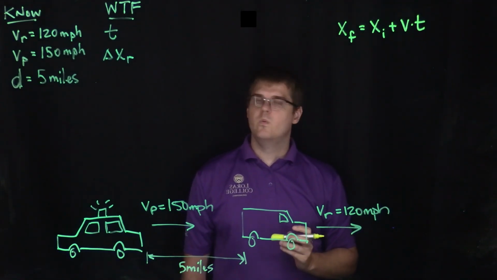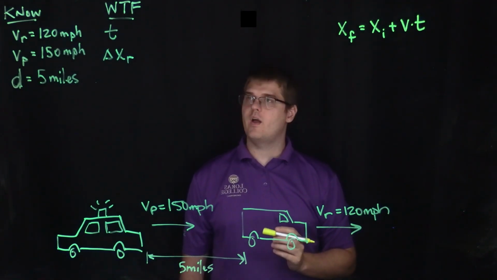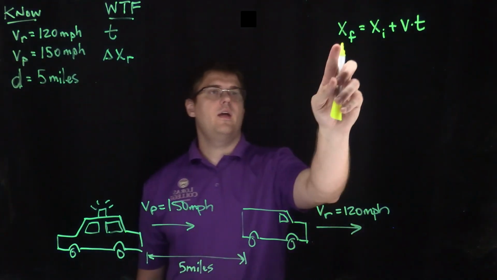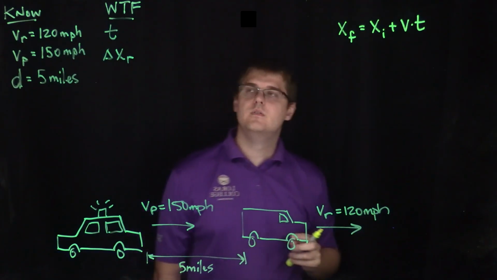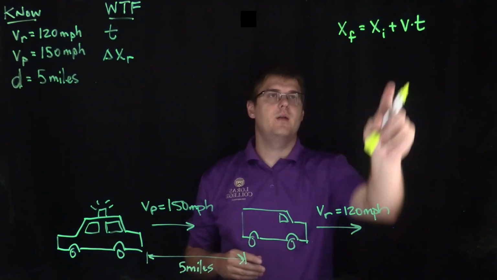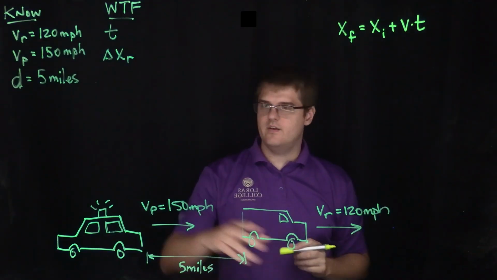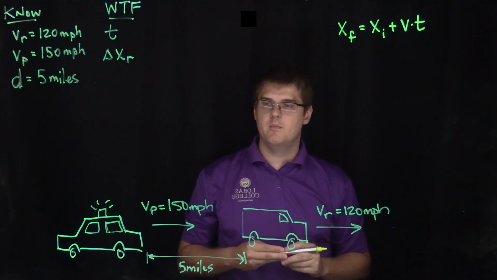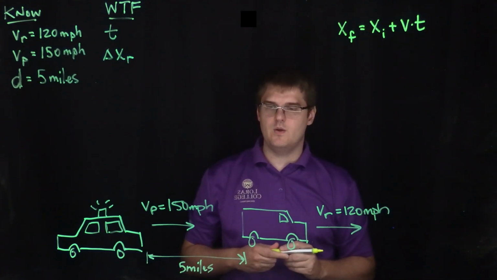Except we don't quite have everything we need in order to plug into this. So x final and x initial, we can talk about this distance covered, but then if we're doing that, this velocity is neither my velocity of my police car or my velocity of the robber. My velocity is something in between.